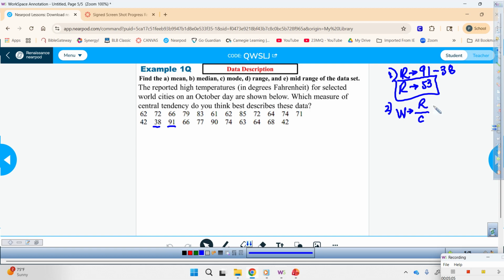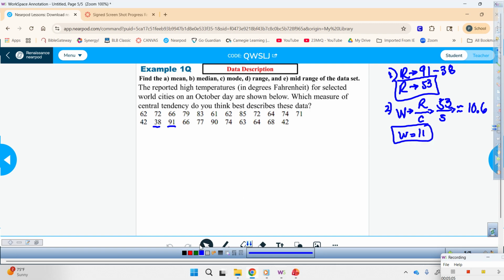We've been doing this almost 3 weeks. Range divided by the classes. What is our range, people? 53. How many classes does it say? It doesn't say, tell your neighbor, what is the rule of thumb? 5. So this is going to be approximately 10.6. But we say that we round up to 11.